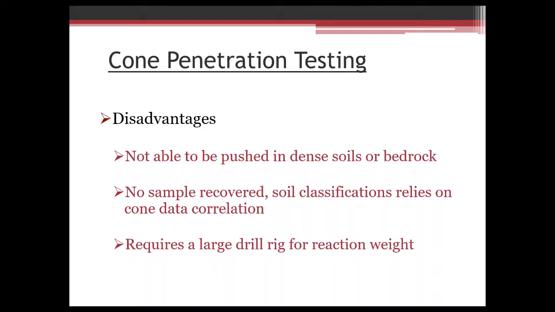The other disadvantage is it does require a large drill rig for reaction weight. Generally, we have to use that first all-terrain vehicle I told you about, and/or one of the trucks. Depending on the soil conditions, we can use the Geoprobe, although we may be limited in how much we can push it, because essentially all we're doing is pushing down and using the drill rig as a reaction weight to allow that to happen.